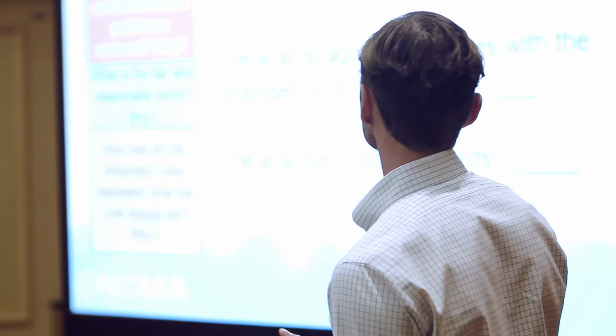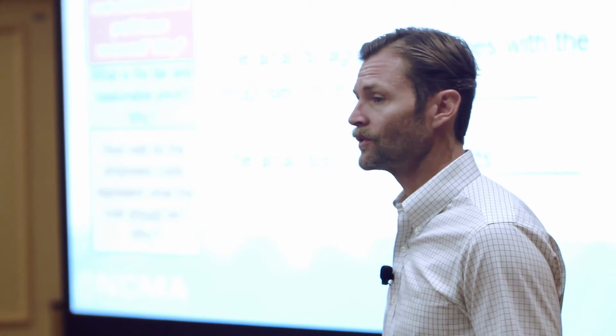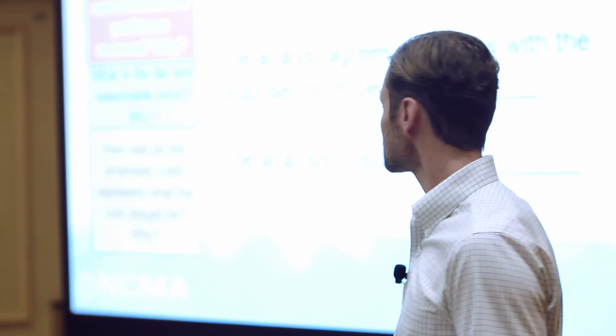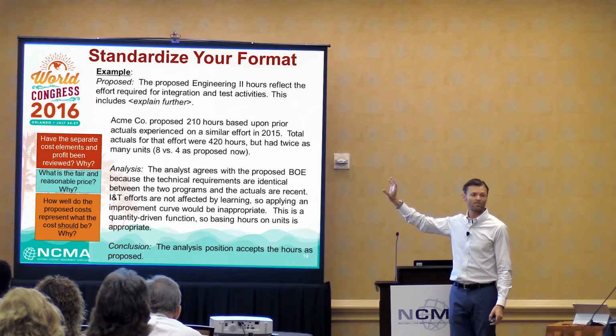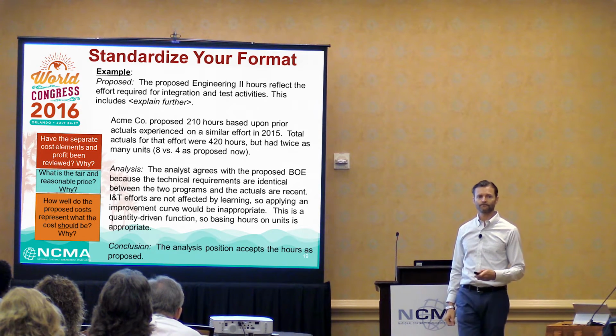They proposed this number of hours based upon this rationale. I, the analyst, agree or disagree because blah, blah, blah. I think a better BOE is this, and the analysis position reflects X, Y, and Z, right? So if you can't fill in any of these sections, then you probably got some more work to do. Any questions?